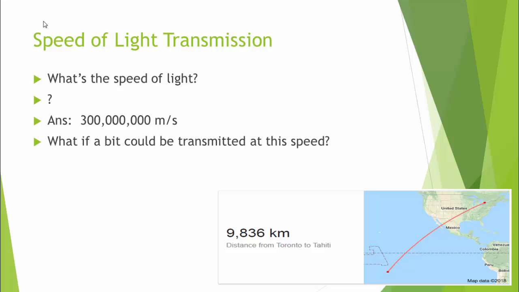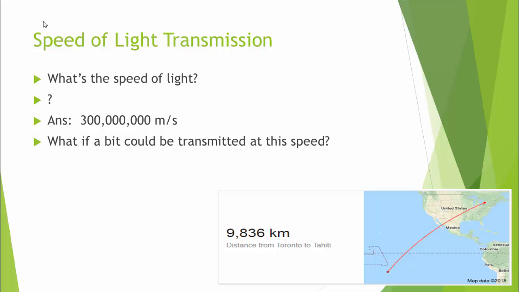So if we could transmit information at that speed, then the time that it would take for a given bit to travel from Toronto to Tahiti would be 10,000 kilometers divided by, now we've got to make sure we get our units right, 300,000 kilometers per second.